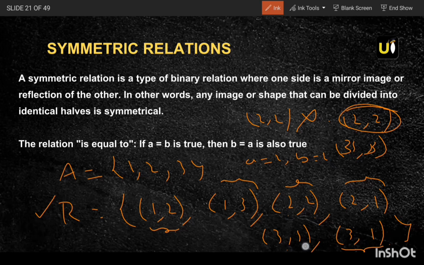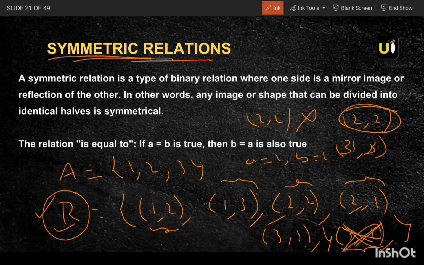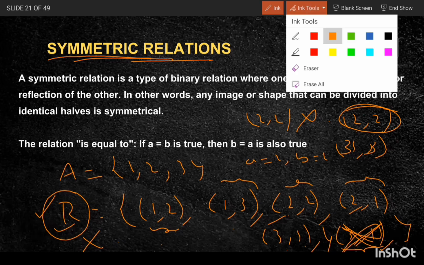So (2,2), (3,3) alone are enough. But coming to (1,2) and (1,3), (2,1) and (3,1) must be present in a given relation. Then that is treated as a symmetric relation. For suppose if (3,1) is not there, then this particular relation is not a symmetric relation.